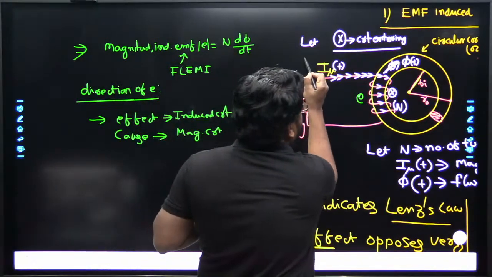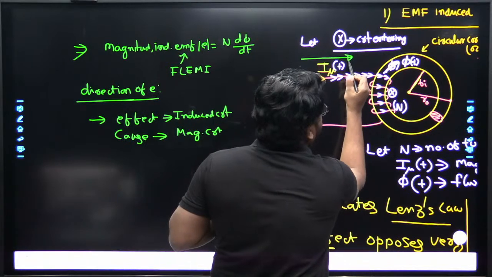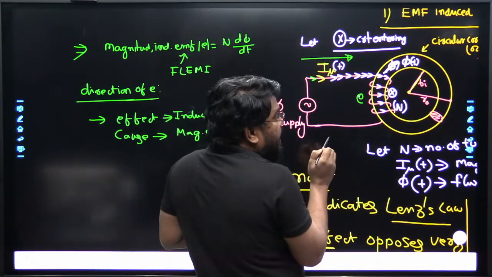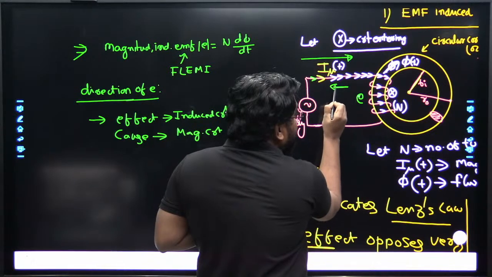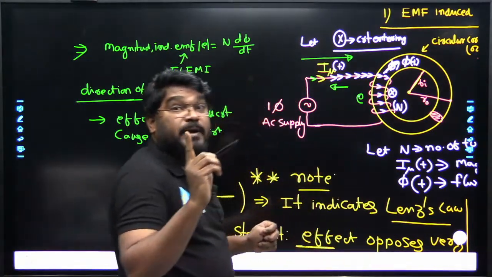This is the direction of the magnetizing current. So what about the induced current? It must oppose the magnetizing current to satisfy Lenz's law.